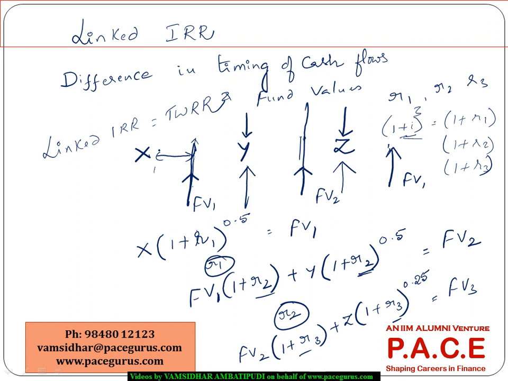Once we solve a few numericals, the concept gets more and more clear, and the differentiation between these two forms of returns becomes much easier to understand. All right. So let's take up a few numericals and then move forward.